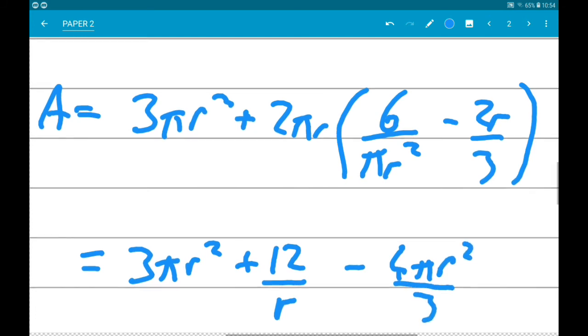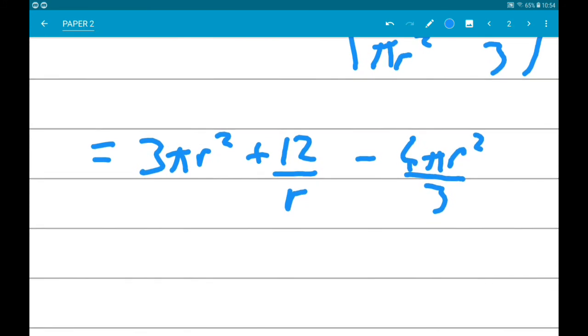Alright, so we have then 12 over r. Now, 3 pi r squared in terms of thirds is 9 pi r squared over 3.